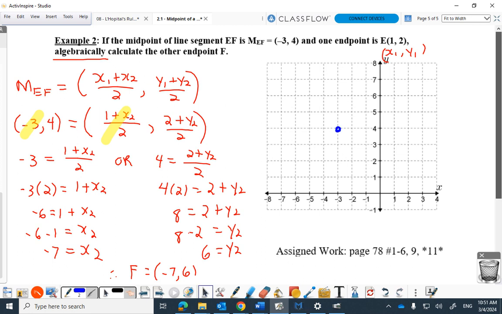And then they gave me one endpoint, 1, 2. And then to get the other endpoint, I'd use your slope trick. I go over 4 up 2, over 4 up 2. There's the other endpoint, which is negative 7, 6.